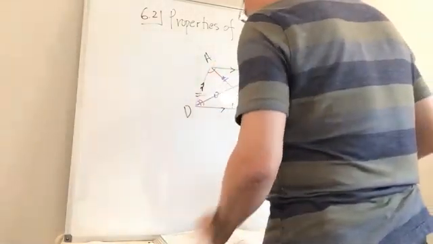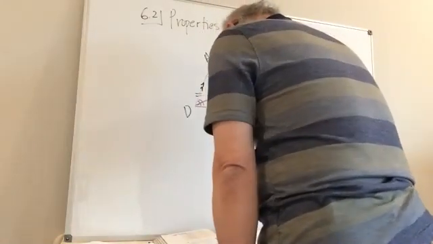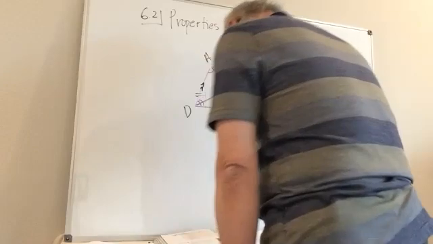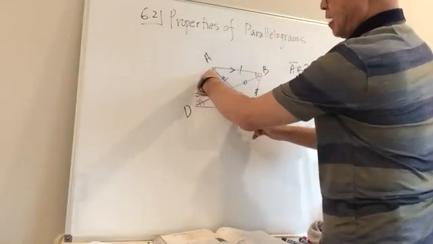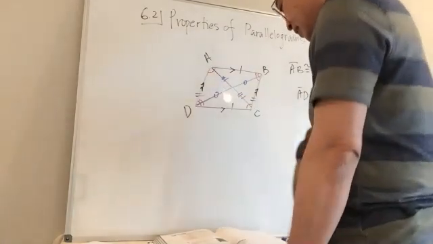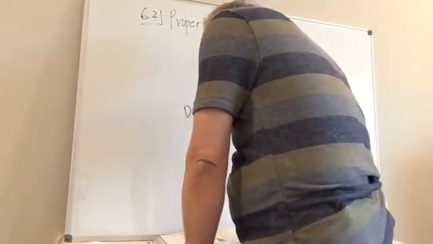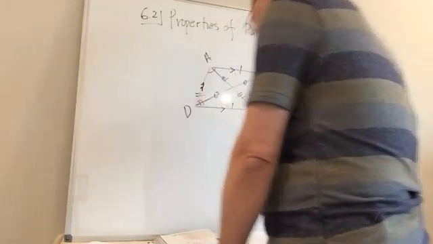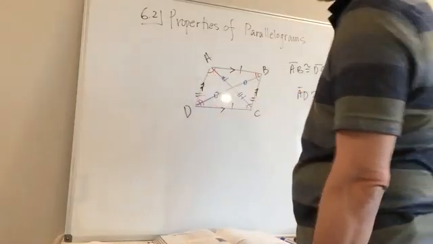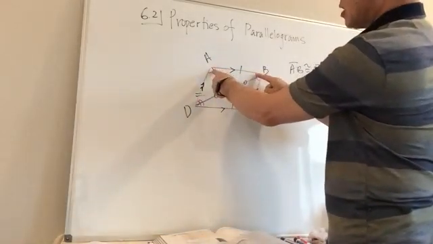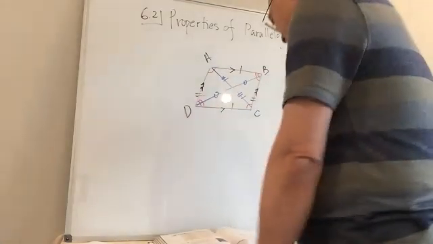Flip the page. 6.2-2: if a quadrilateral is a parallelogram, then the opposite angles are congruent. Opposite angles are the same. 6.2-3: if a quadrilateral is a parallelogram, then the consecutive angles are supplementary. These two are supplementary, these two are supplementary, and actually these two and these two are supplementary also.